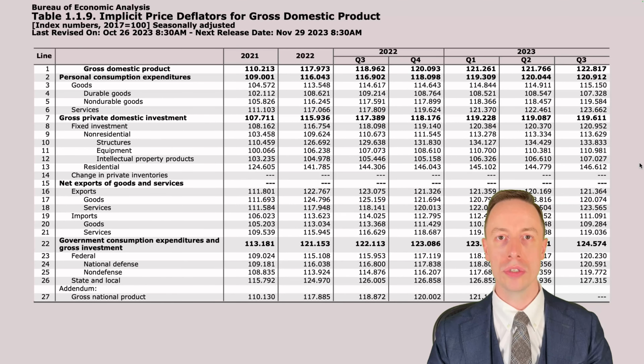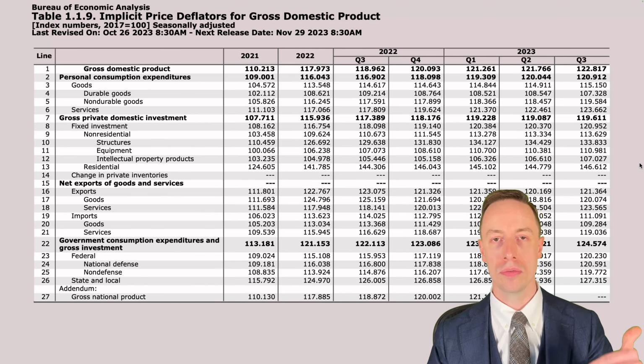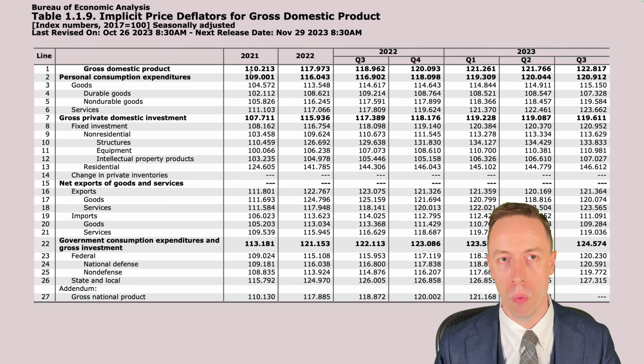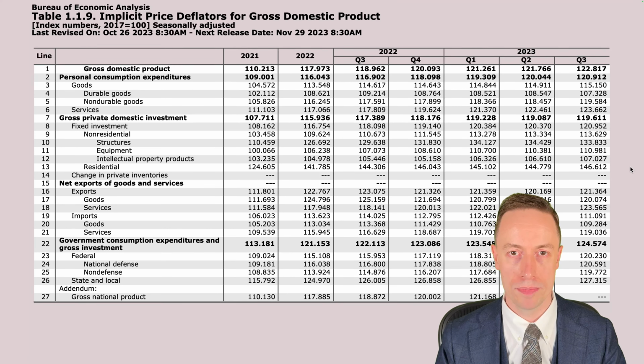You can use these numbers, how prices have evolved relative to the reference year, to calculate a measure of inflation. For example, from 2021 to 2022, we've got over 7 points increase over a 110 base.